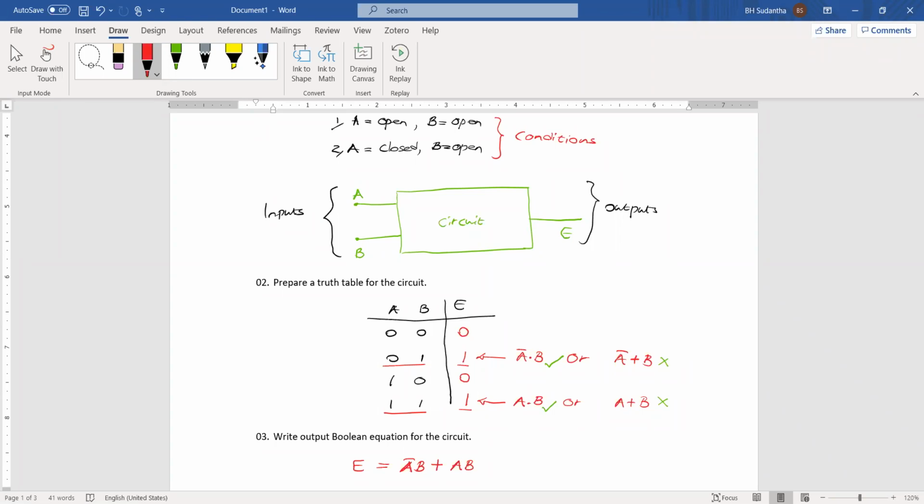At that time, output should be true. Okay. To check the entire condition, we have to use AND. But to combine these terms together, if this condition is satisfied, or this condition is satisfied, output should be 1. Then to combine these terms, we are using OR, but to make terms, we are using AND. Then this is your output equation.